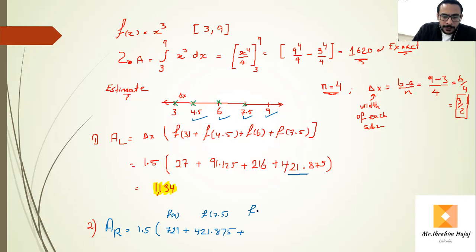And then f of 6, which is 216. And f of 4.5, which is 91.125.